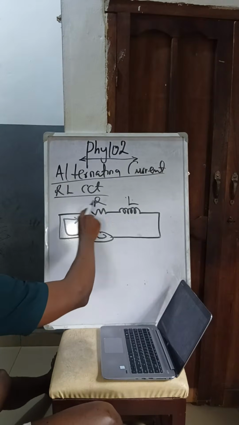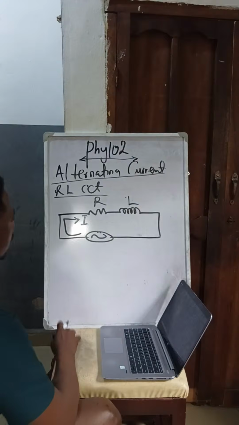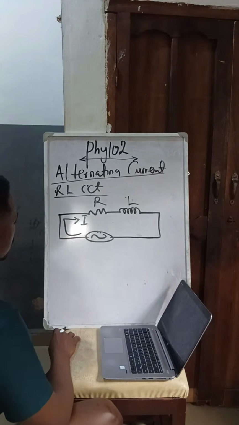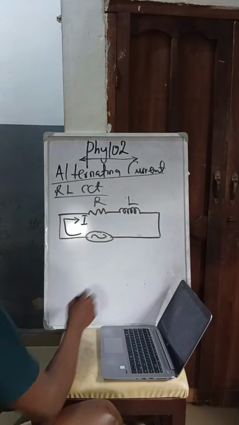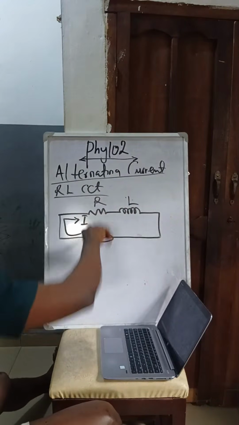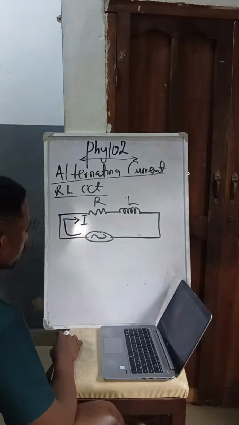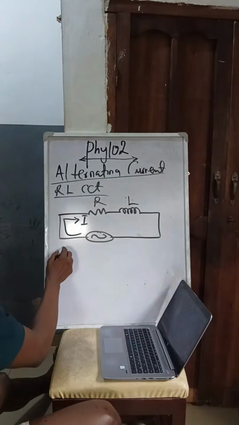So the same current flows through if they are in series. So the overall opposition of current flow is called impedance.